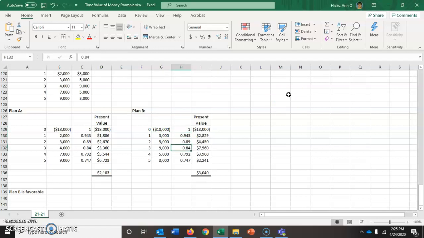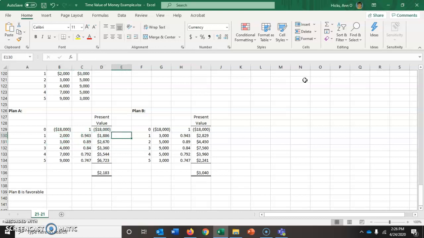Then I did exactly the same thing for Plan B, same period of time. So the factors are exactly the same, but the cash flows vary. And so you come down and the total net present value is $3,040. So in this case, because the net present value for Plan B is in excess of Plan A, at least on the dollars alone, we would go with Plan B. And you can kind of see intuitively why it might be the case.